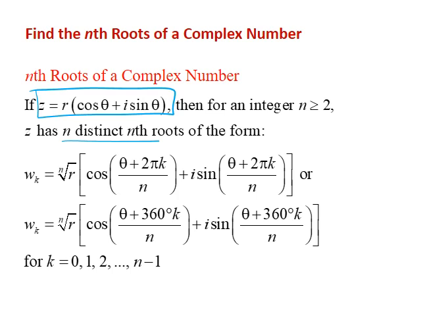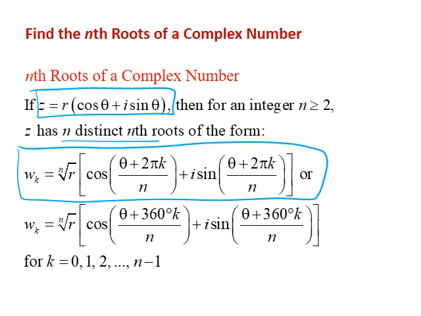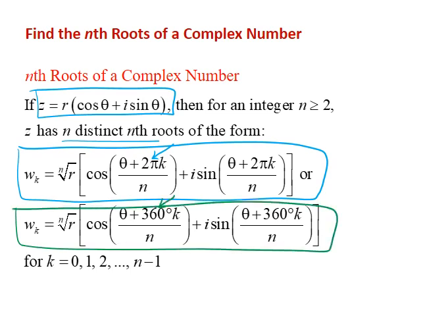Now, I know that this looks super complicated, but there are 2 pieces. This one is simply in radians, whereas this one is in degrees. So don't let that freak you out.